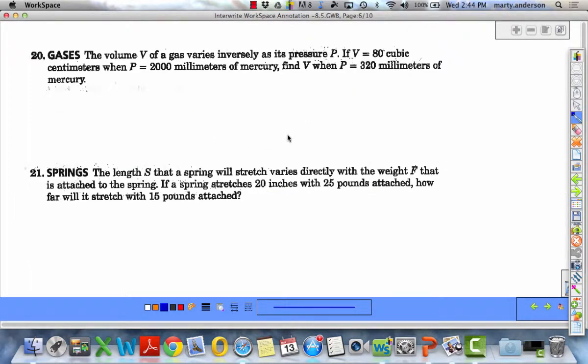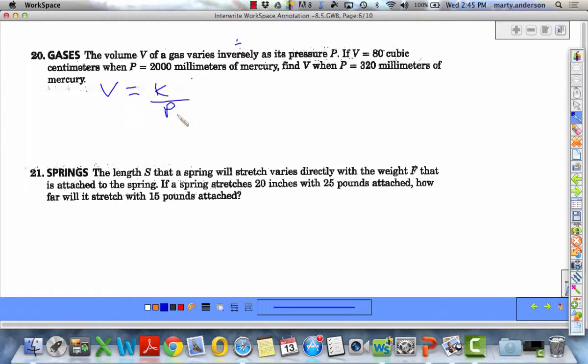Now, of course, we can't get away from word problems. It says the volume of a gas V varies inversely as its pressure P. So I got V equals k times P. Oh, they told me inversely. This isn't multiplication. Inverse means division.